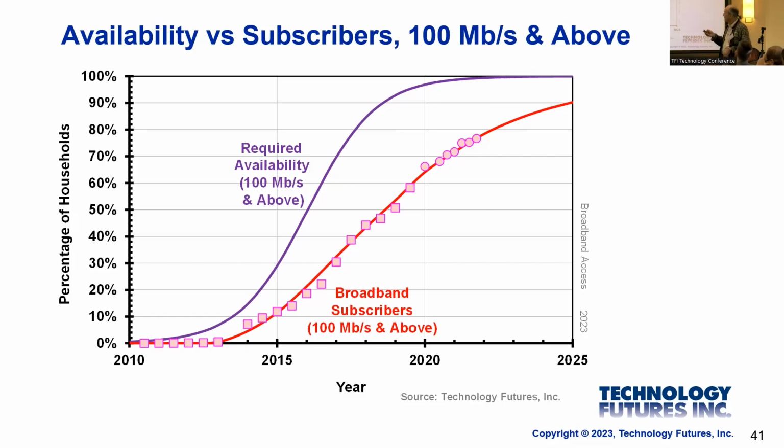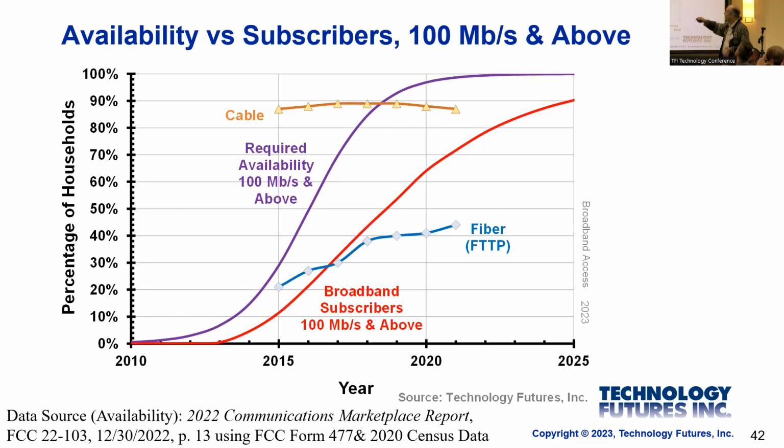So let's look at where we've actually been. For 100 megabits per second and above, the cable connections are shown up there. They're mostly above the blue line, so at least for the first 85 to 90% of the market, they're right there.